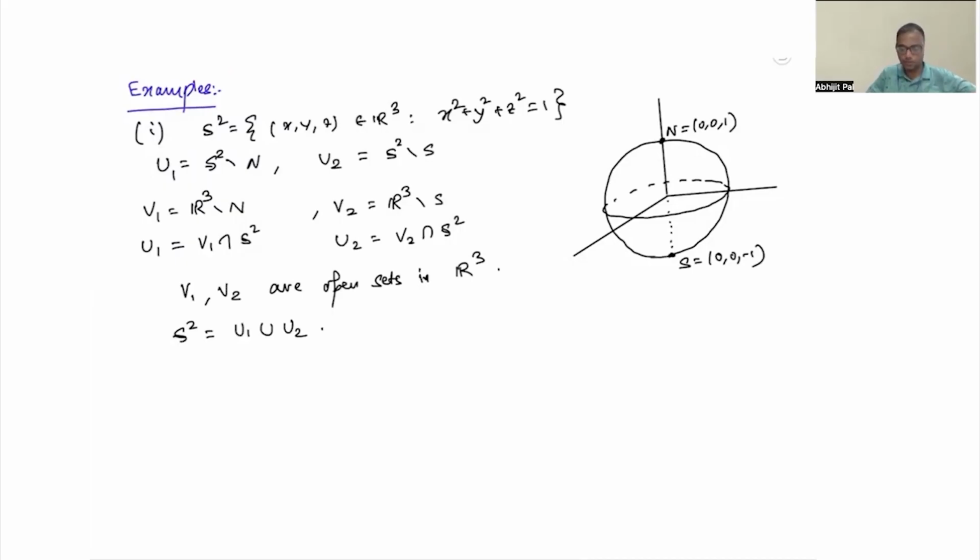Now I need to find the surface patches corresponding to U1 and U2. In order to get the surface patch, there is something called stereographic projection.